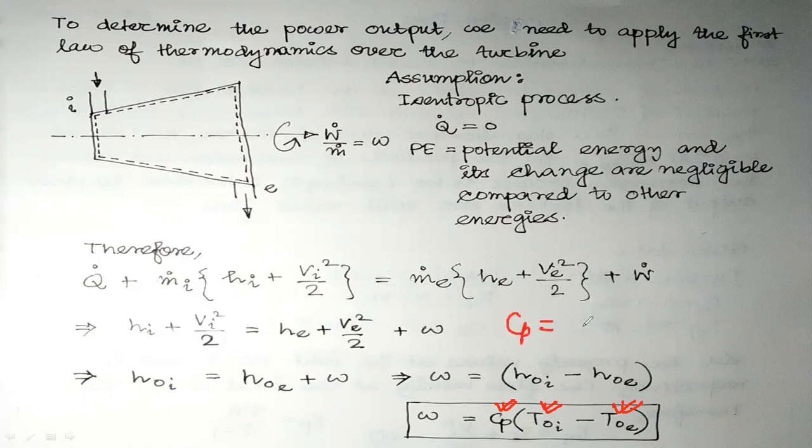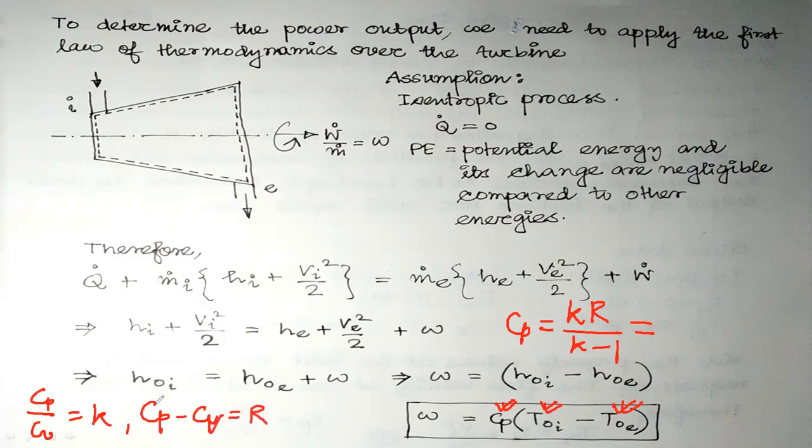Cp is equal to kR by k minus 1, where k is the specific heat ratio. Remember that Cp by Cv is k and Cp minus Cv is R. So you can calculate what is Cp in terms of R and k. So you will get this.